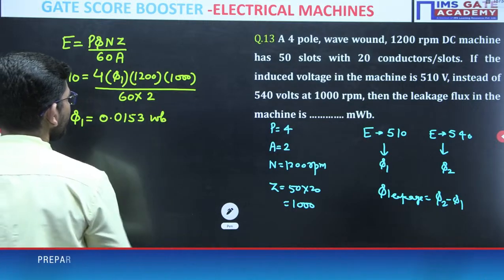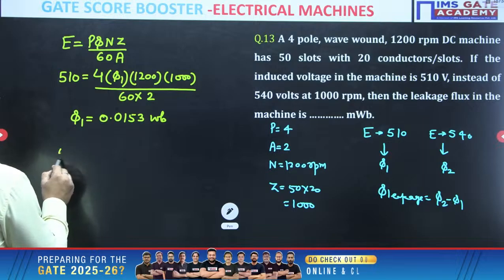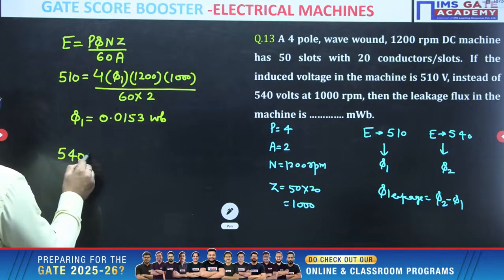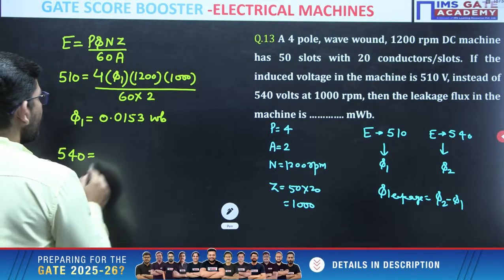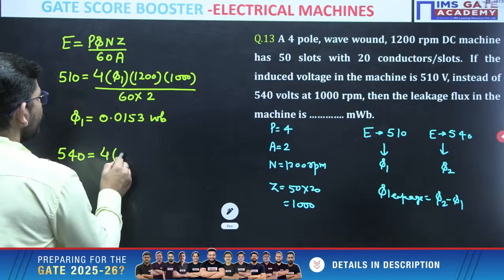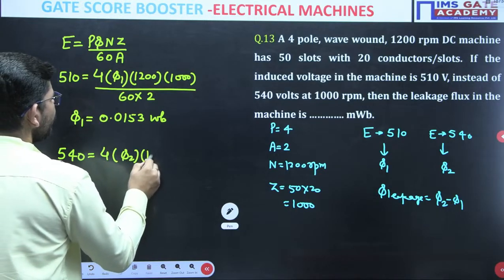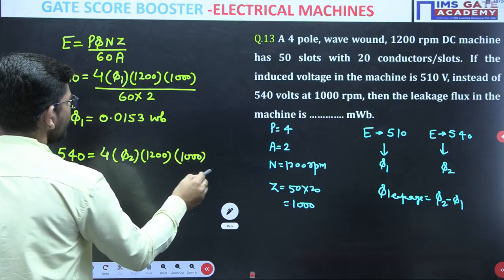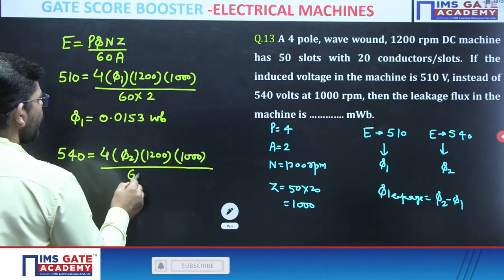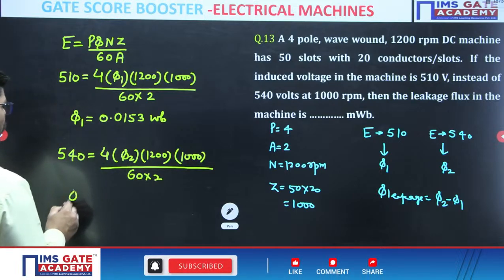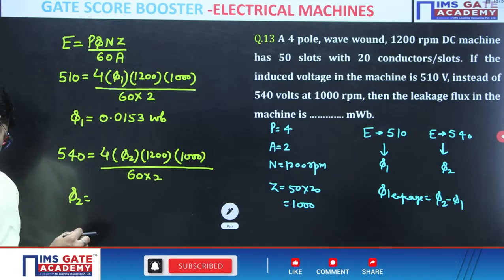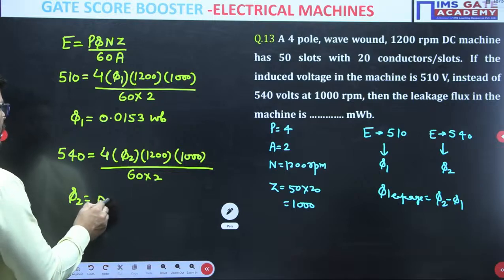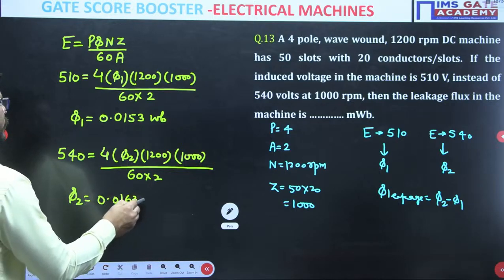Webers, right. Then apply the same formula for the second case when the voltage is 540, then it is 4, it is phi2, everything will remain the same, only phi2 and E will change. When you solve it for phi2, the answer that I am having is 0.0162 Webers.